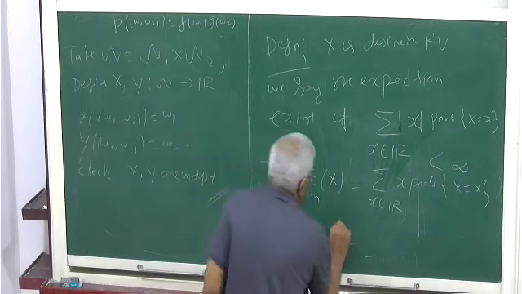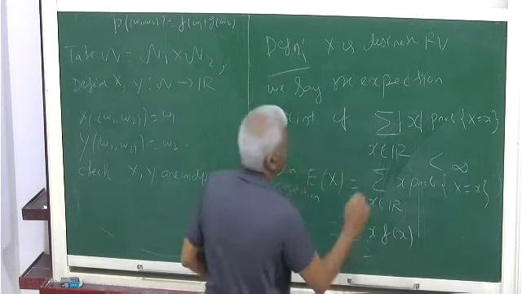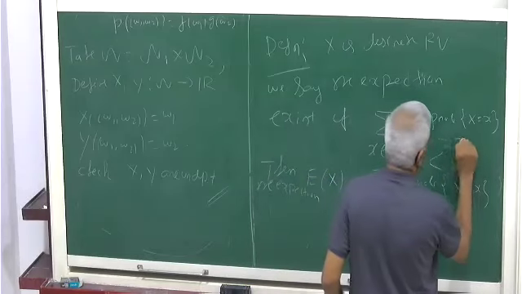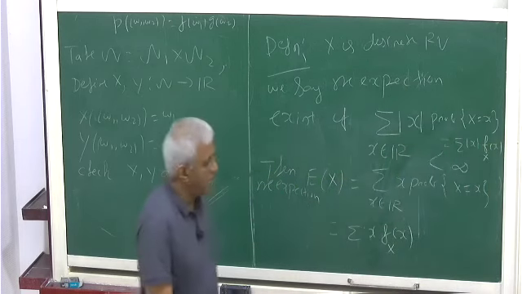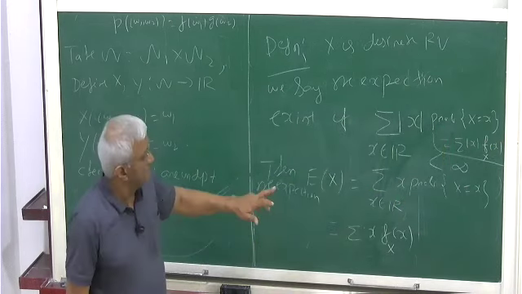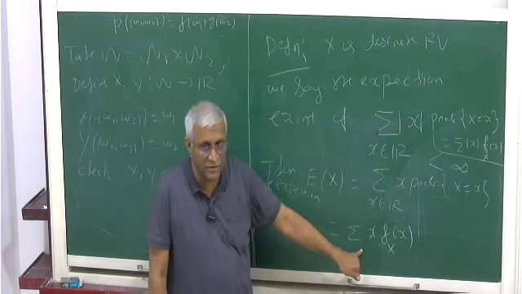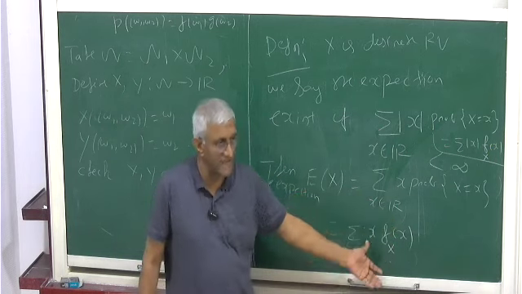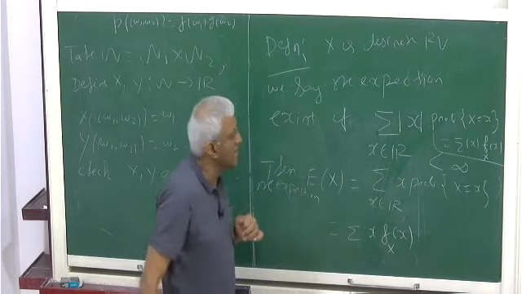This is just the sum of x times f of x, where f is the mass function. And the sum of mod x times f of x should be less than infinity. The point is this sum can be infinite, but this can exist. But then there is no well-definedness for this. It will depend on the arrangement. But then you cannot define expectation depending on how you count the points.